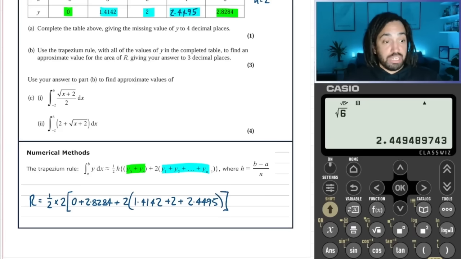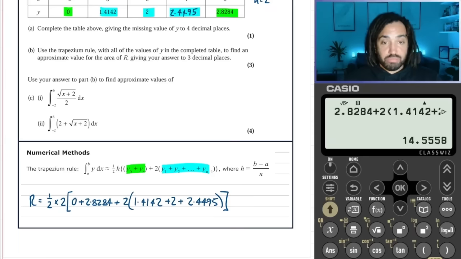And then we'll put that into our calculator. Okay, just put that into my calculator, and I've got 14.556, and that is to 3 decimal places. Perfect.